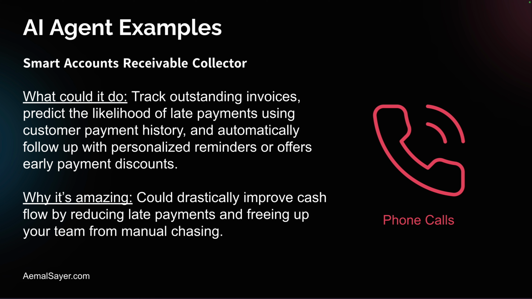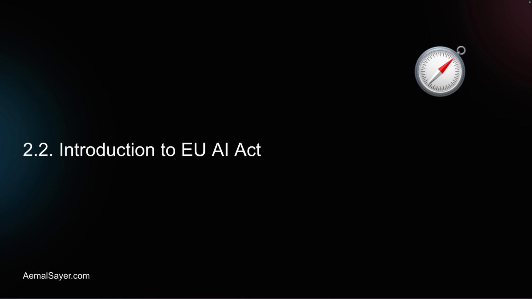You will see how easy it is to build a workflow where you could call people who are going to have an invoice due in a couple of days, and then you can remind them to pay, and that's an AI agent doing it. So that was pretty much it from this section about AI agents.